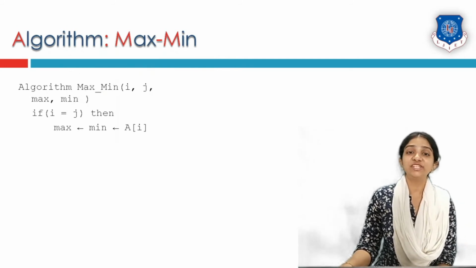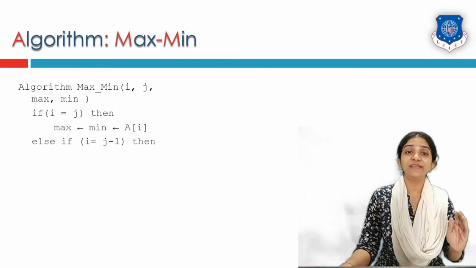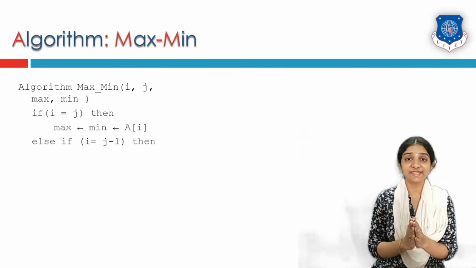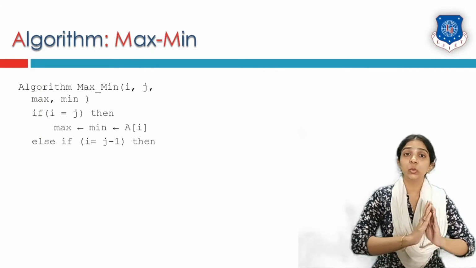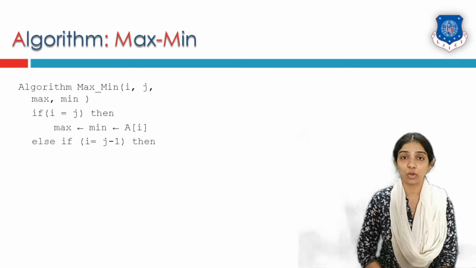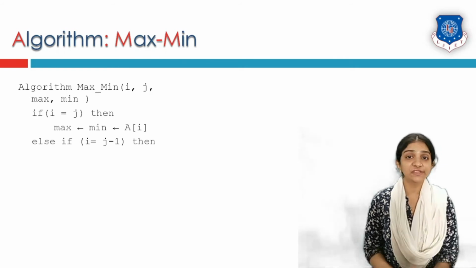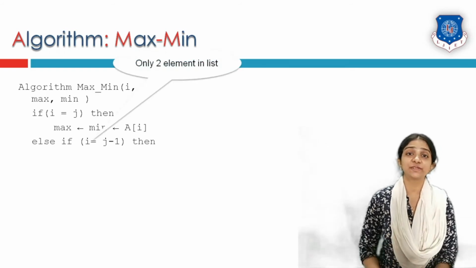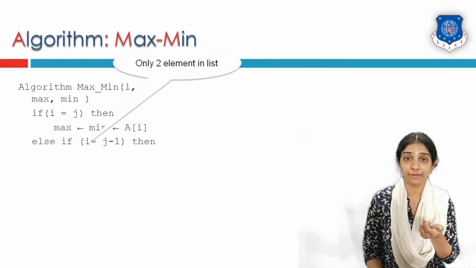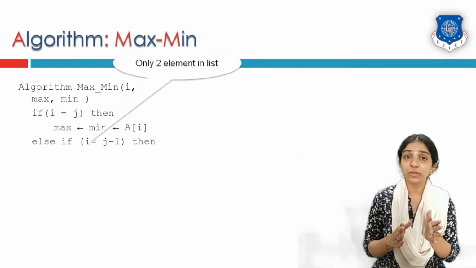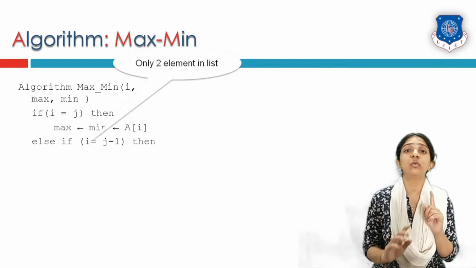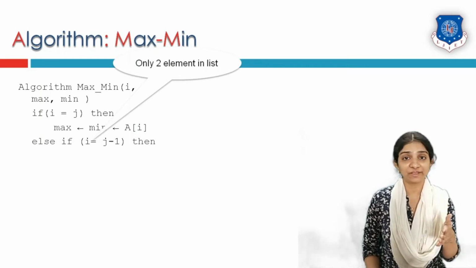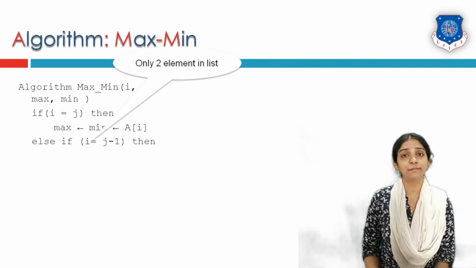Now second, we will check whether i is equal to j minus 1. That is, our starting index is equal to ending index minus 1 or not. If this condition is satisfied, we are sure that the sublist actually contains only 2 elements. So if there are only 2 elements, we have to make only one comparison to find out which element is maximum and which element is minimum.